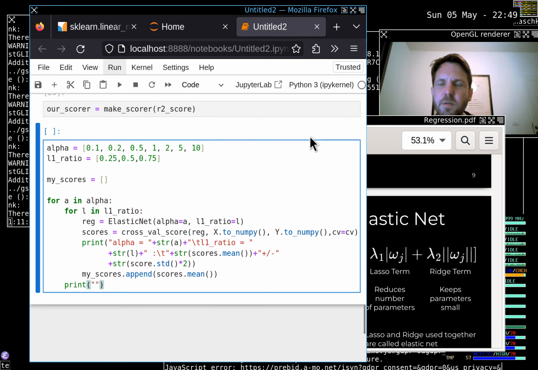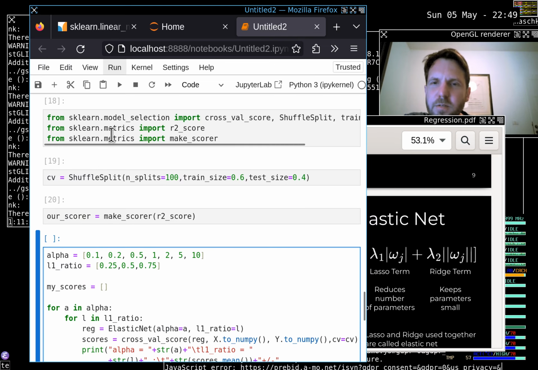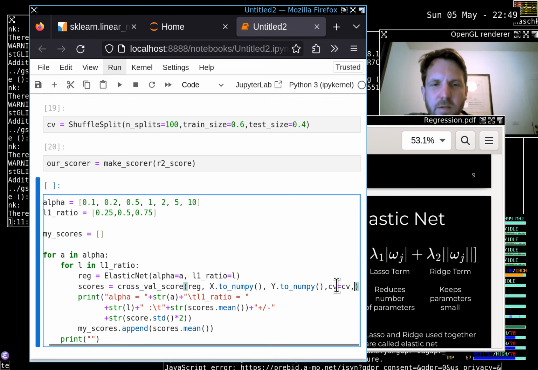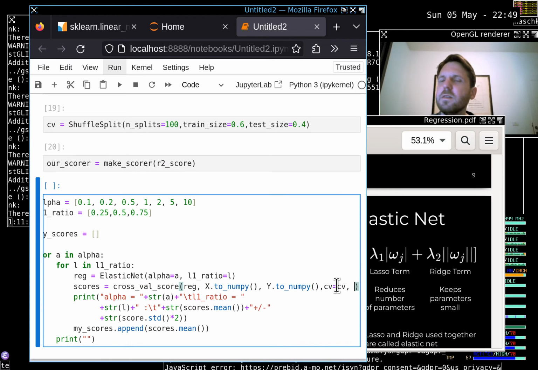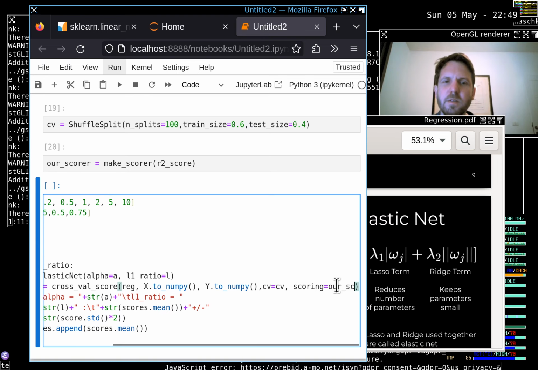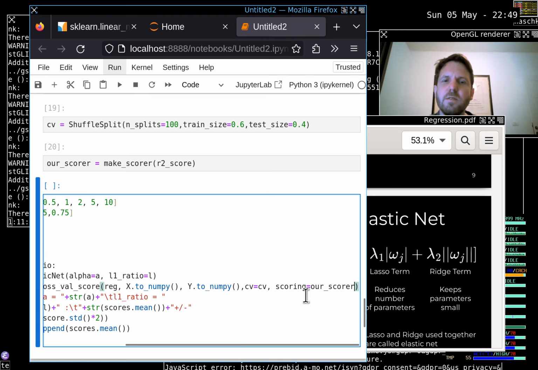Okay, so this is how you perform cross-validation together with the R2 score. You have to build the R2 score with the make scorer here, and use it in this cross-val score, which we did not, but just to add it here: scoring, this is the important part, use our scorer, so that we have the R2 score.